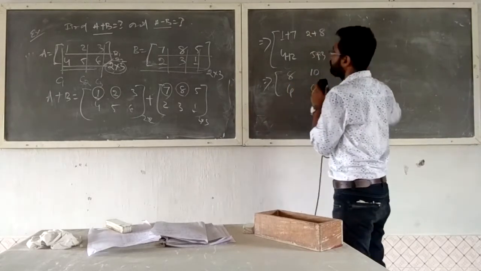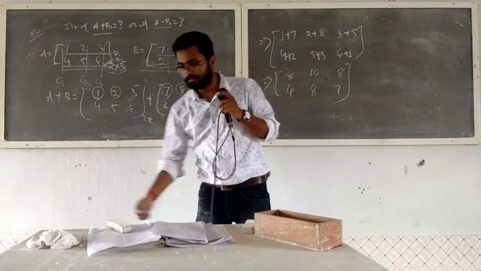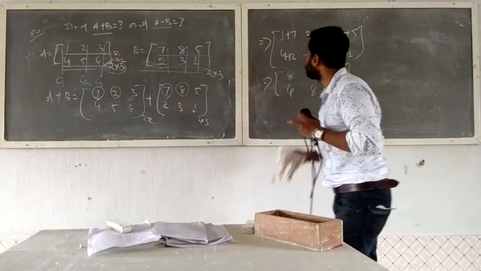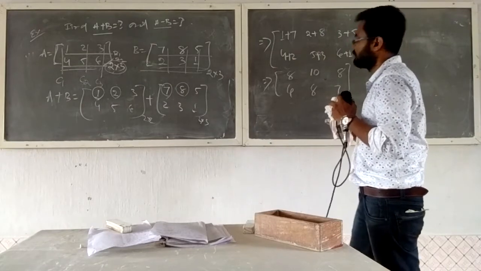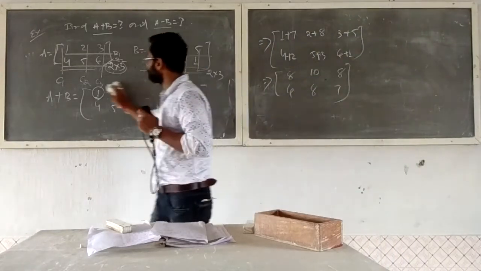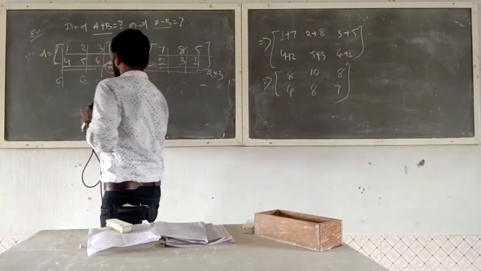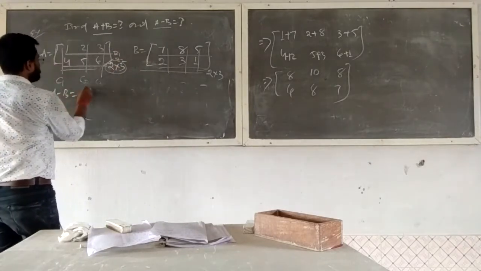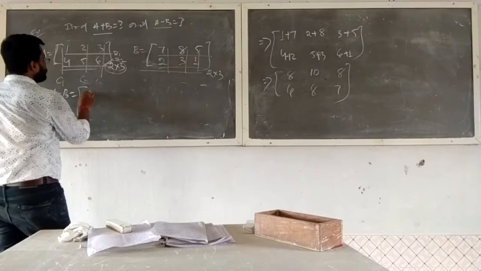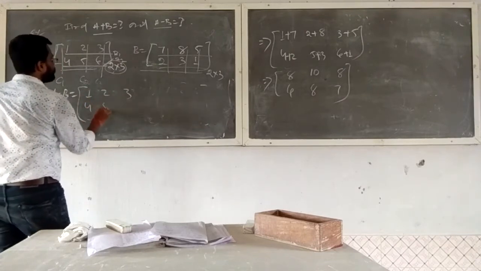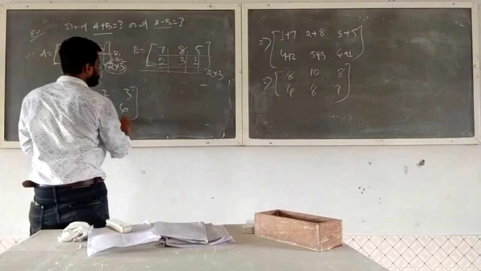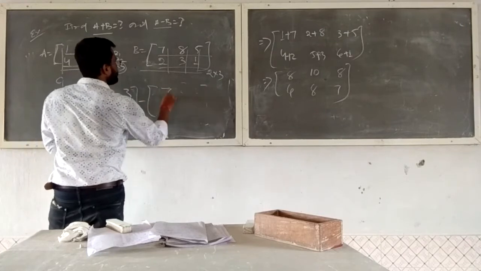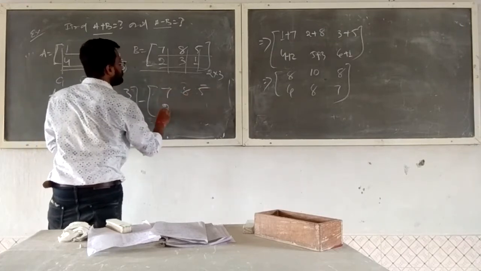Similarly, we can subtract the matrices. A minus B equals 1, 2, 3, 4, 5, 6 minus 7, 8, 5, 2, 3, 1.